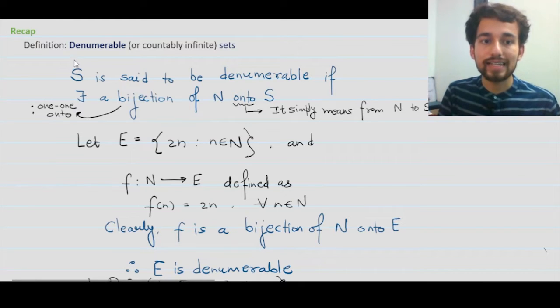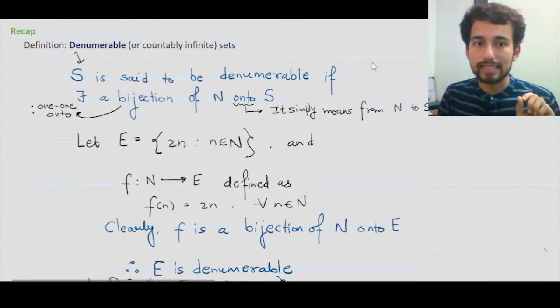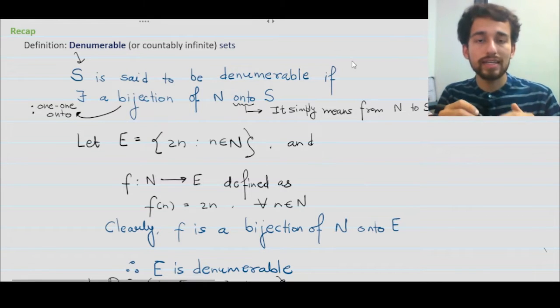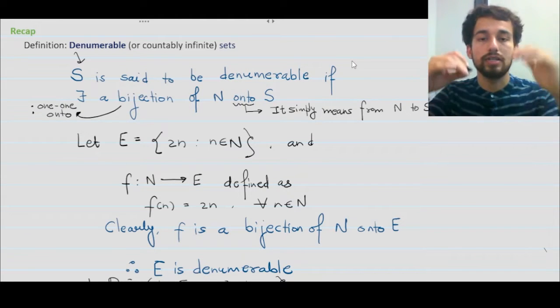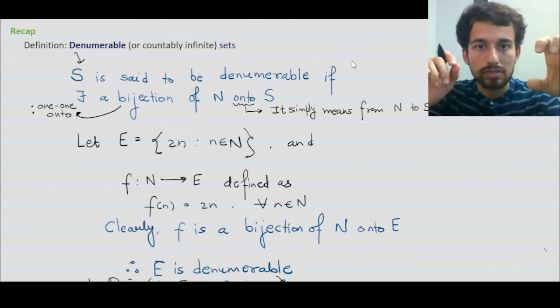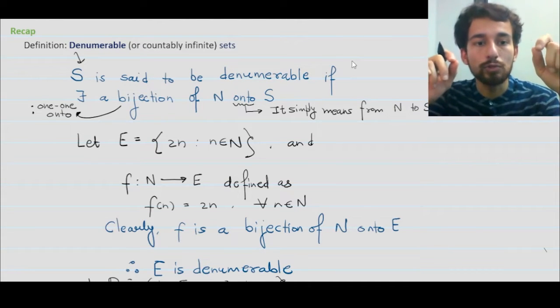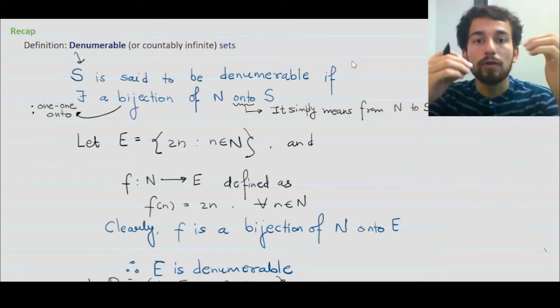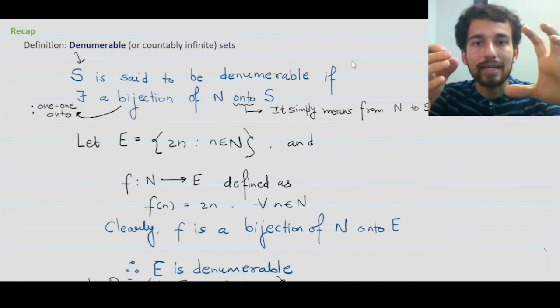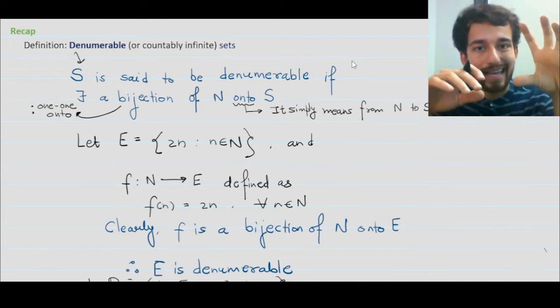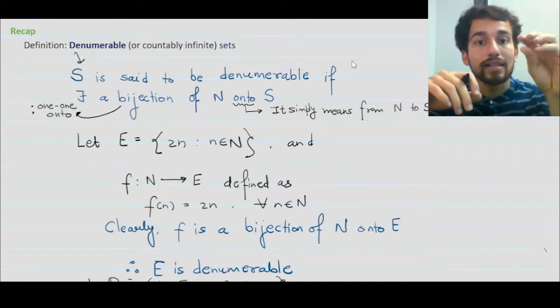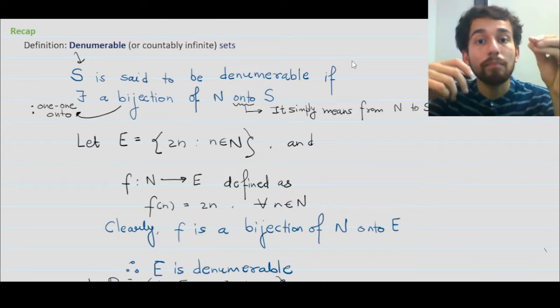Try to listen carefully. A set S is given to us. We say that it is a denumerable set or countably infinite set if we can find a mapping from this set S to the set of natural numbers such that the mapping is a bijection.